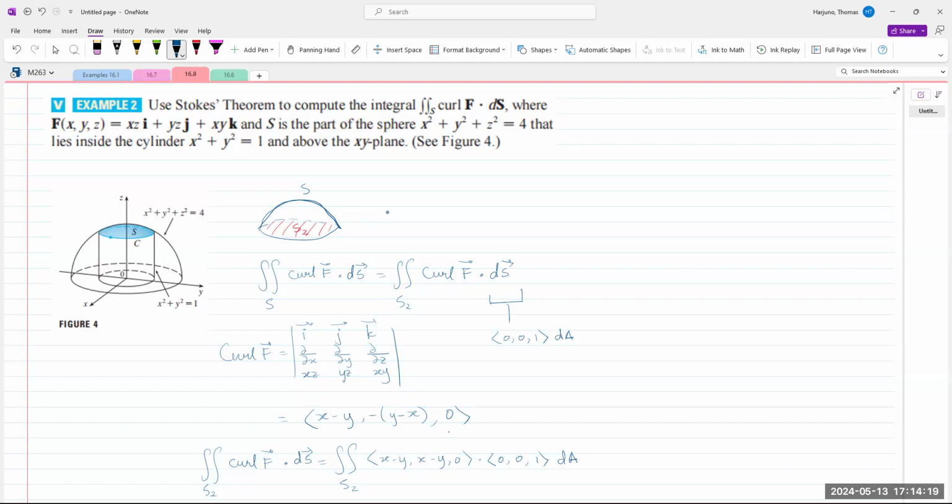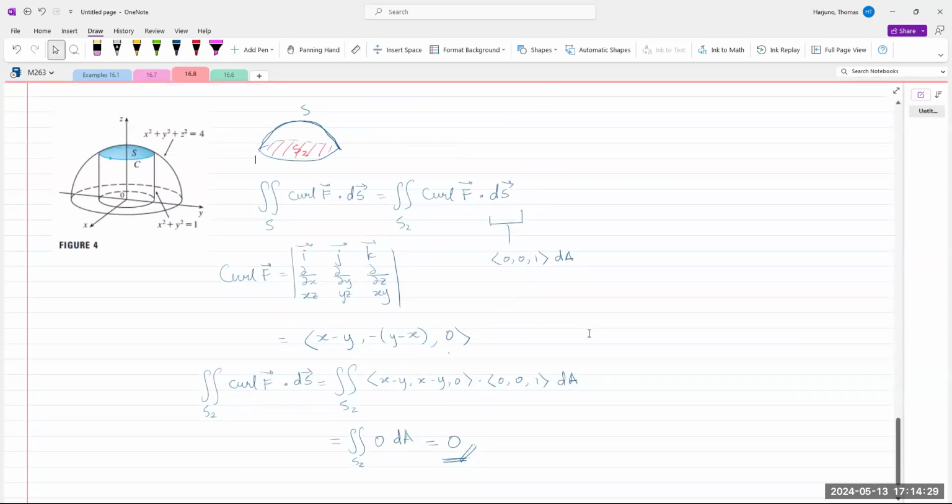You purposely choose a surface whose normal vector is a lot easier to use. And in this case, however ugly the curl of F, when you do the dot product against 0, 0, 1, it turns out to be a scalar 0. So that's basically Stokes' theorem.